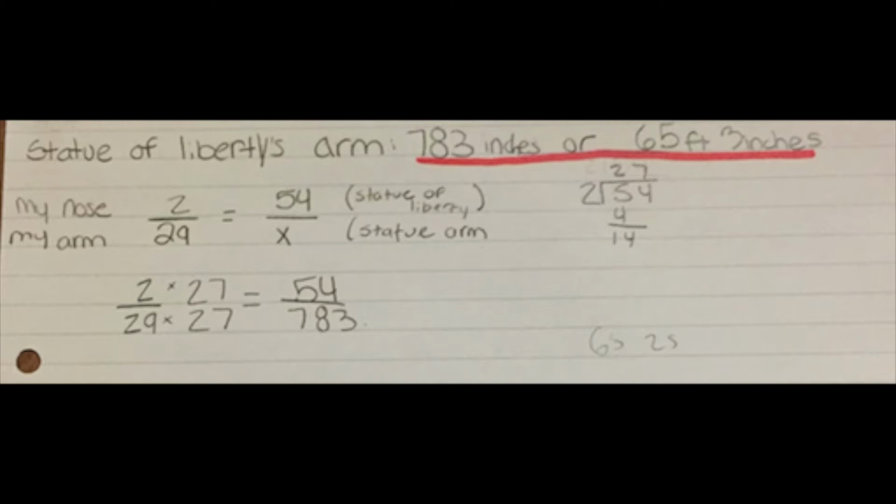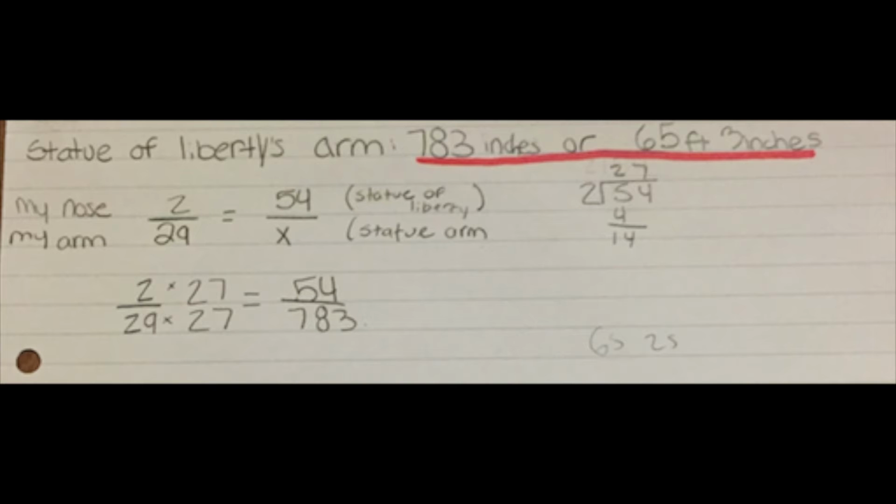I figured my ratio of nose to arm would be similar to her nose to her arm. And then I divided 54 by 2 and got 27 because I wanted to figure out what I needed to multiply my nose and my arm, the 2 over 29, by, so I could get up to the Statue of Liberty.